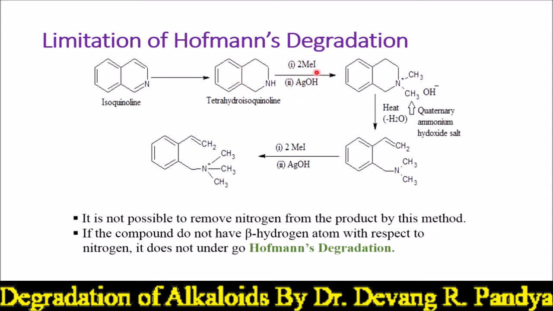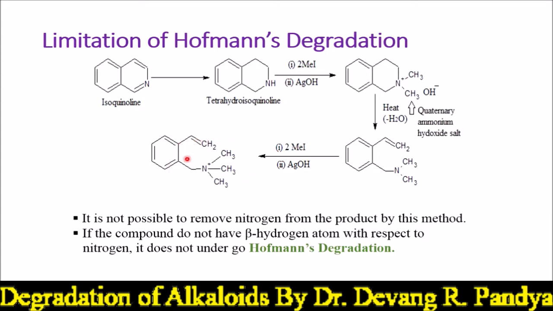Continuous methylation with 2 moles of methyl iodide in the presence of silver hydroxide gives the quaternary ammonium hydroxide salt. On heating, we get the ring opening reaction, and again we perform exhaustive methylation with 2 moles of methyl iodide in the presence of silver hydroxide.